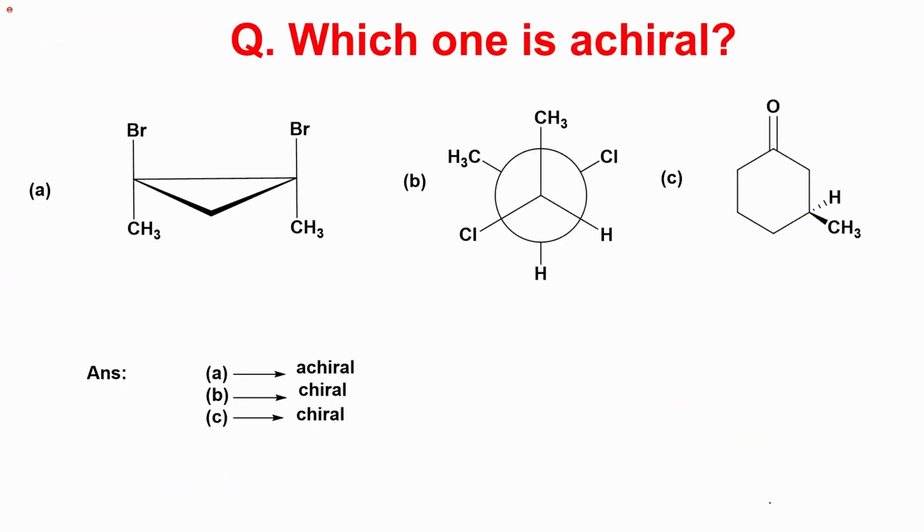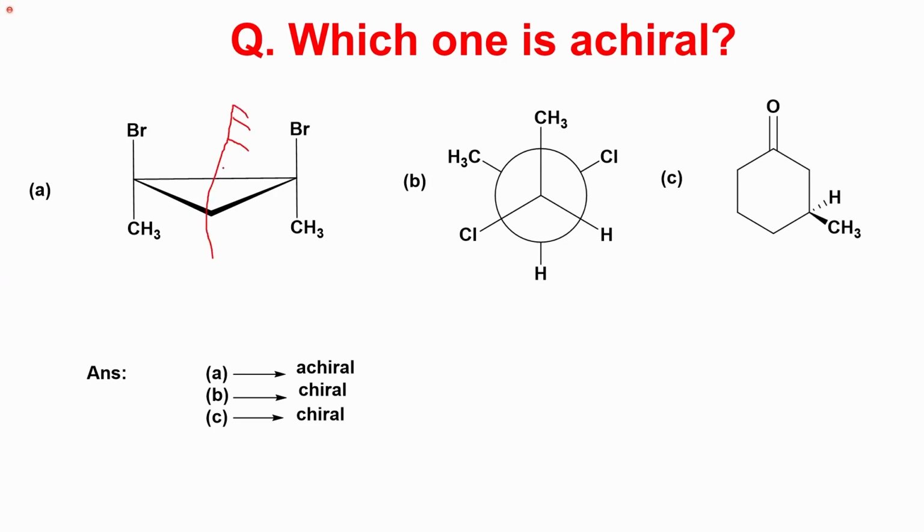Now which one is the achiral molecule? Okay. So now you can see, if you look at the molecule here, which one is achiral actually? If you pass a plane of symmetry here, this is also a plane of symmetry.